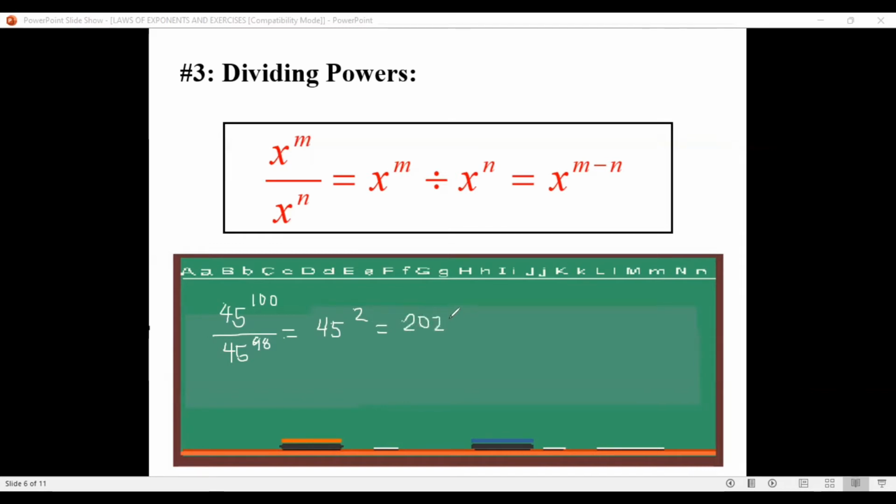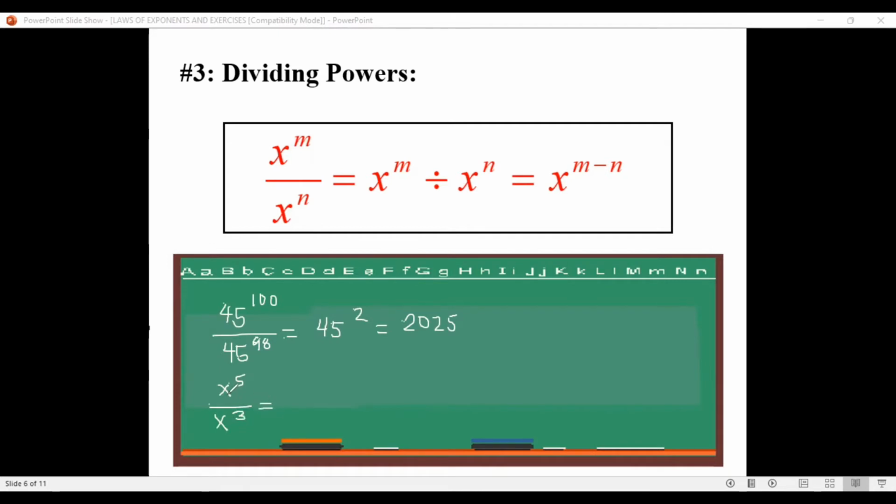I will try to explain this rule with a smaller number so I can easily expand. Suppose you have x raised to the fifth power, and you are dividing this by x raised to the third power. I will use smaller exponents so that we can do the expansion.